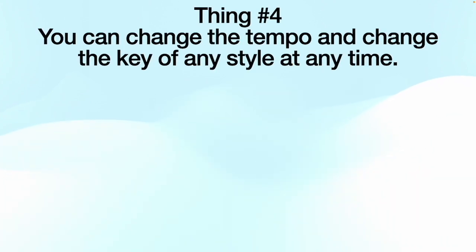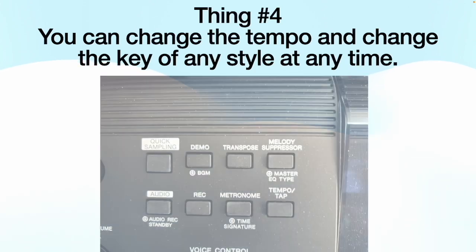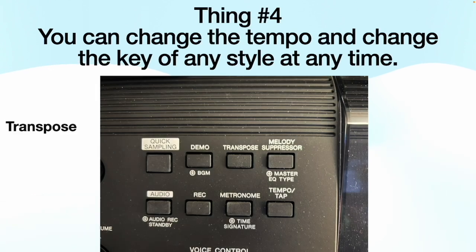Thing number 4. You can change the tempo and change the key of any style at any time. You're going to press the transpose button to change the key, to raise or lower the key of the entire keyboard.